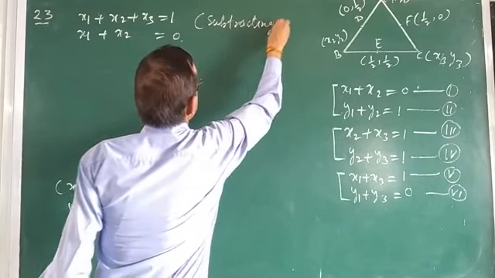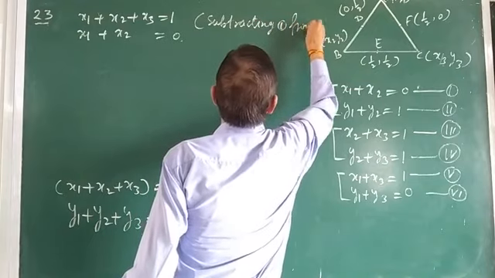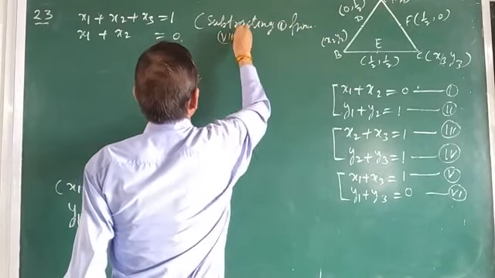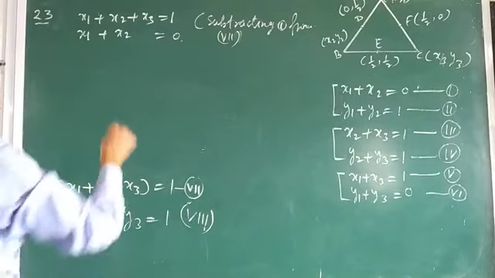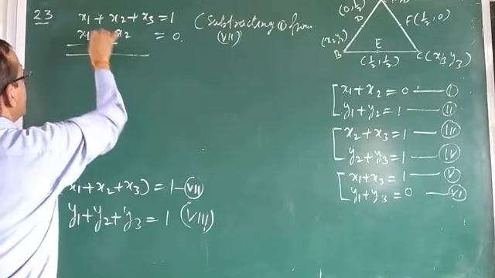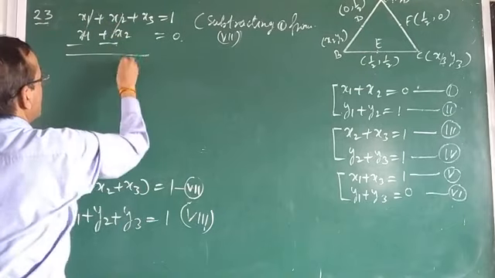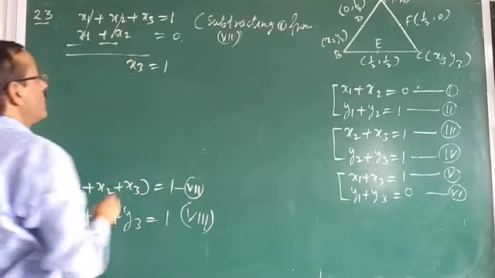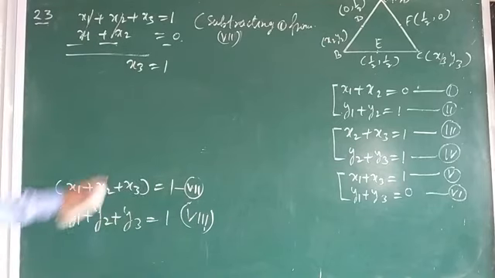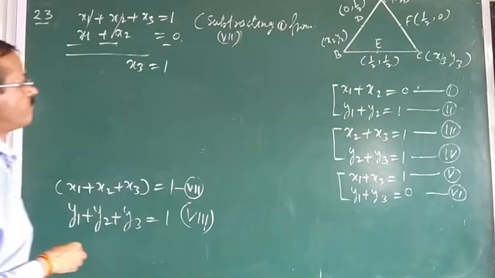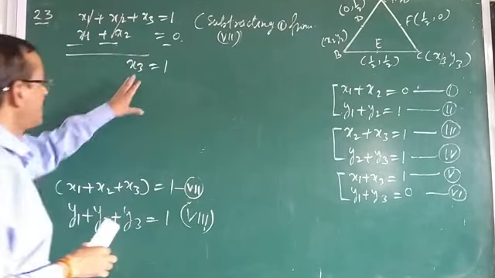Subtracting first from the 7th, if you subtract, minus cancels. What remains is x3 is equal to 1 minus 0, that is 1. So x3 came 1.